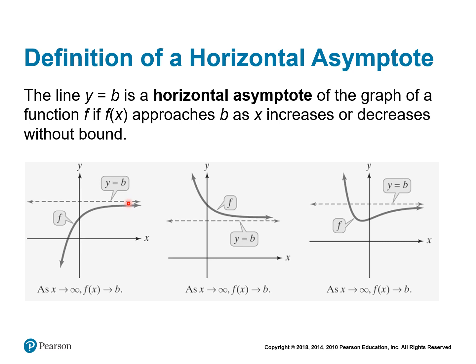It will never touch that line, but it'll get as close as it can to that line. All right, so the way we express it is as x approaches infinity. So this is a different way of expressing the behavior than we did for vertical asymptotes.